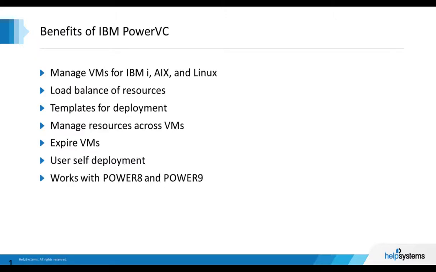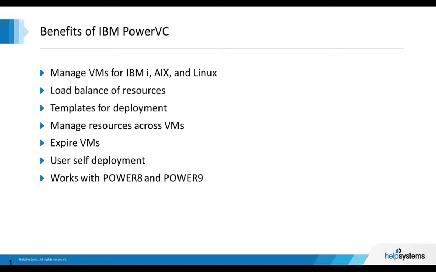Now, what are the benefits? Well, as we've talked about, I can manage all my VMs from one spot, and I can deploy IBM i, AIX, and Linux on the fly. I can balance my resources across this environment and use what we call templates, so that you can have a predefined set of templates that you deploy for managing your resources across the VMs.